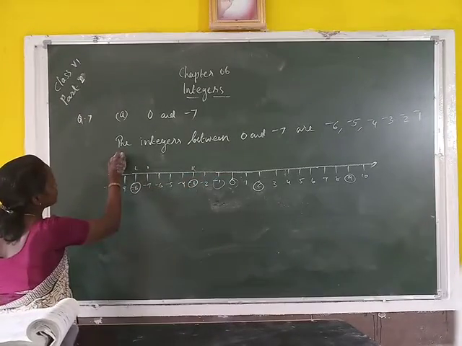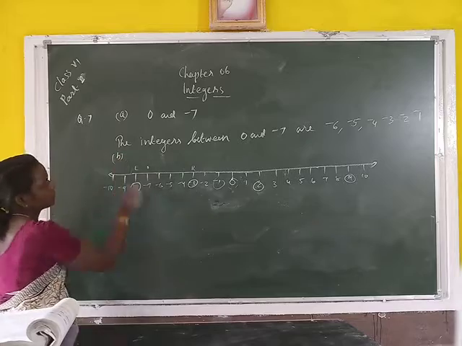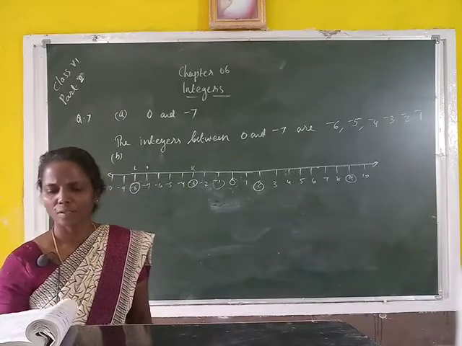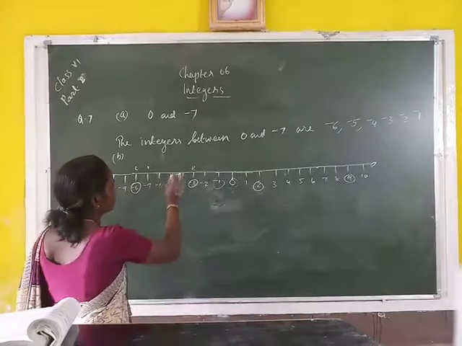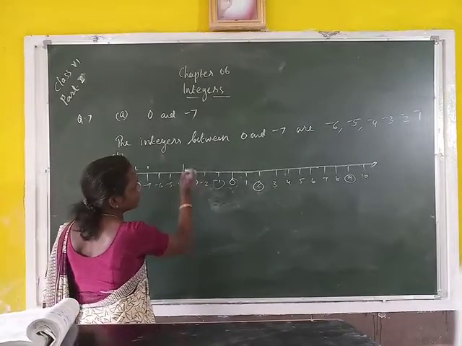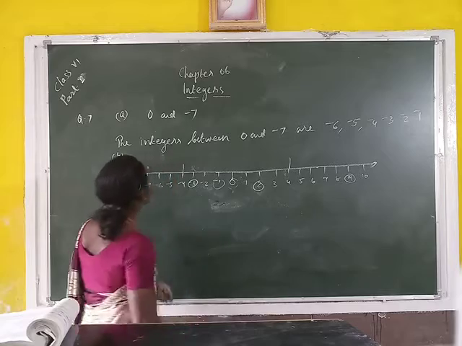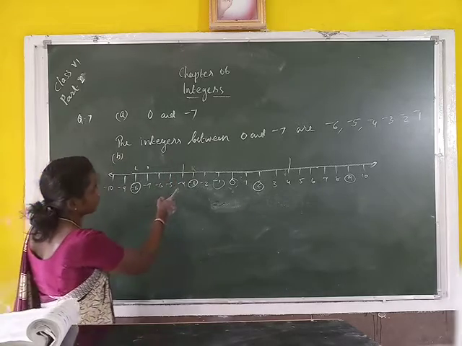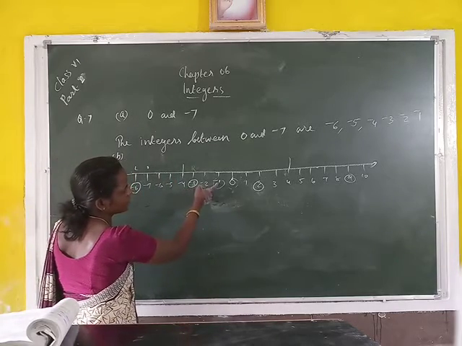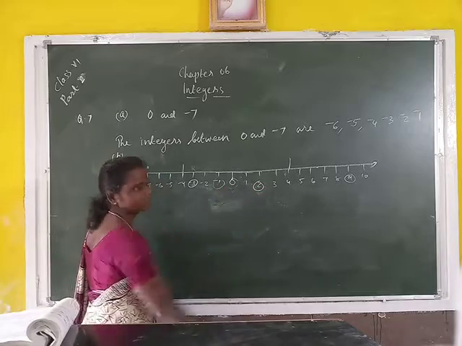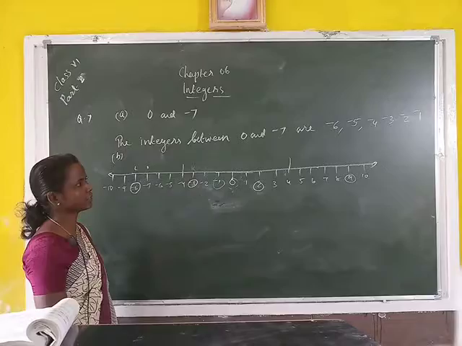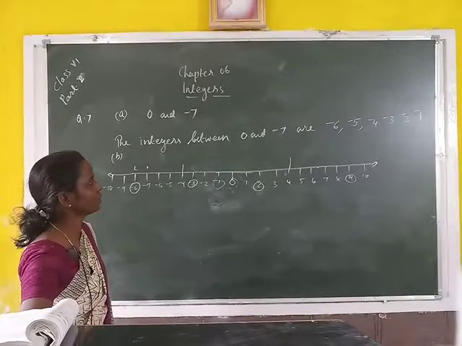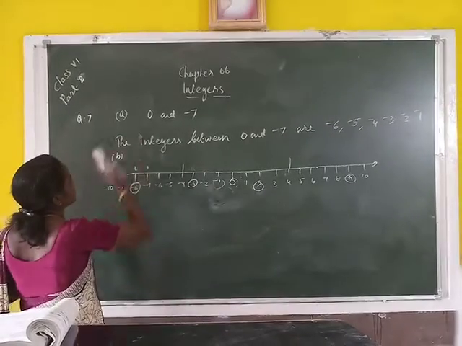Then B will go negative 4 and 4. How many integers are between them? Negative 3, negative 2, negative 1, 0, 1, 2, 3.